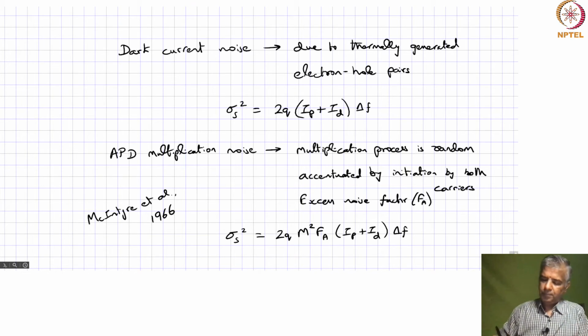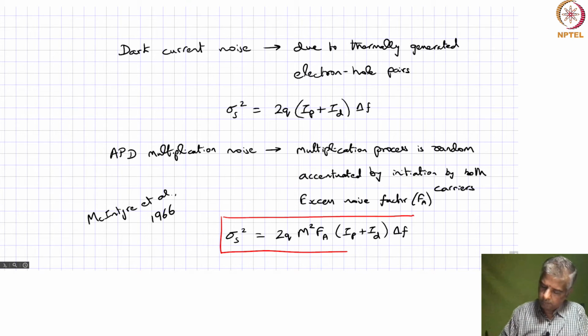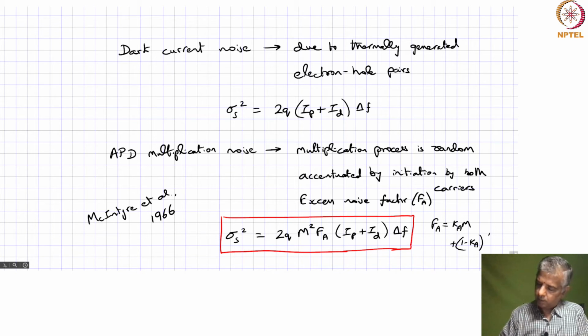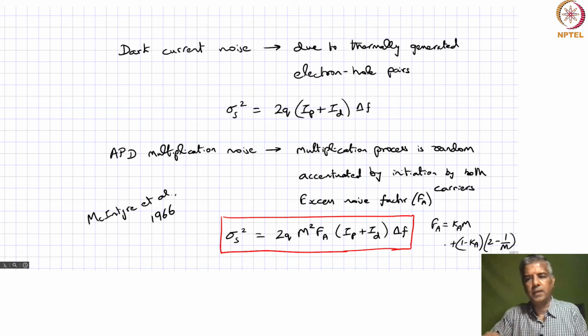And we saw that FA, we defined that previously, where FA is given by Ka multiplied by M plus 1 minus Ka multiplied by 2 minus 1 over M. Right, so we looked at what is the effect of FA.